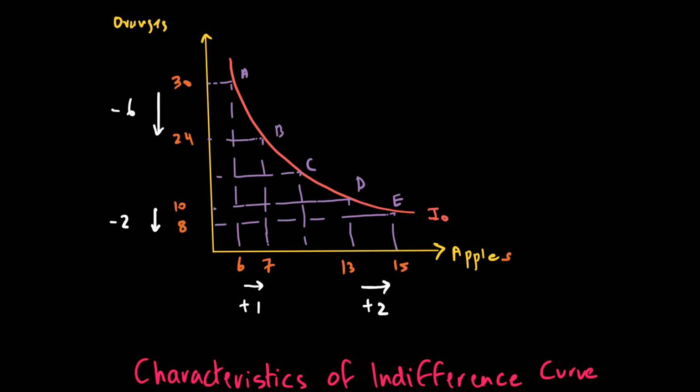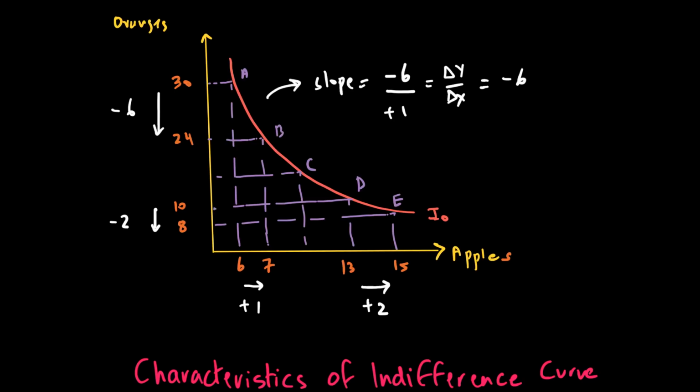So if I find out the slope here, my slope is basically -6, which is change in y, over +1, which is change in x. So here my sacrifice is equal to -6.